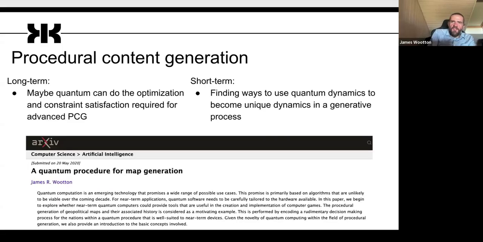But for the story that we're focusing on here, why would you use quantum for procedural content generation? Well, in the long term, you can use it to do optimization and constraint satisfaction. So procedural content generation is essentially you want to make a thing, say, a level of a game, and you want that level to be the right hardness.